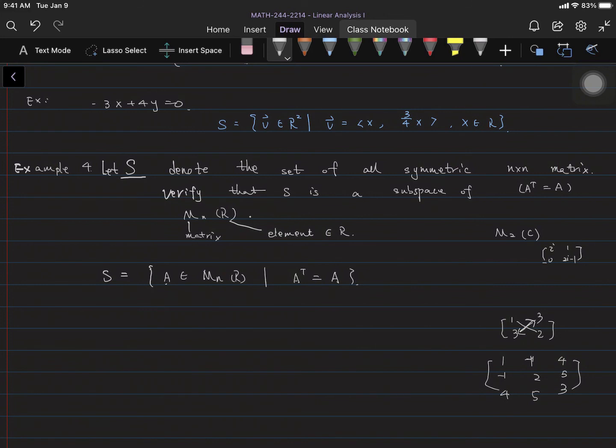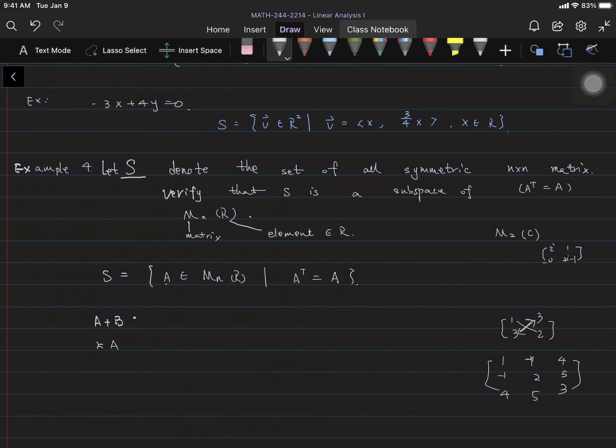Now we want to verify this is a subspace. So we want to see if S is closed under addition and scalar multiplication. We need to pick any two vectors in S. So we pick any two matrices, and we want to see if the sum still belongs to S or not.